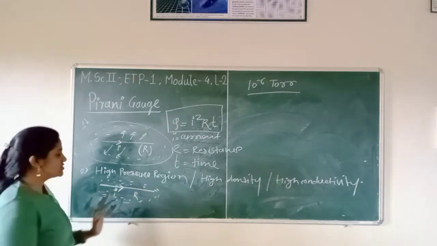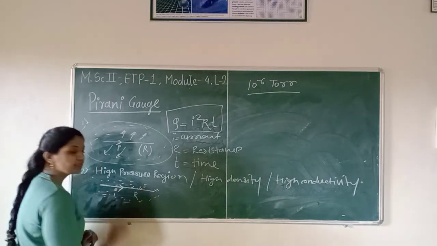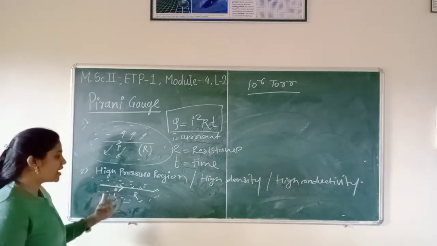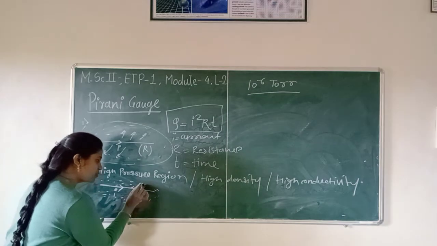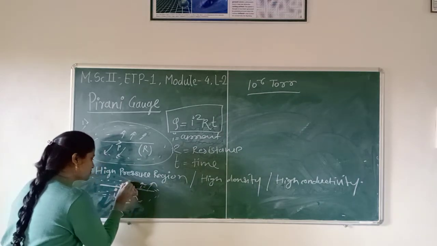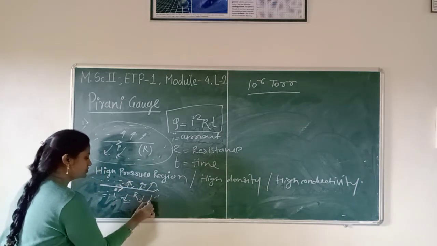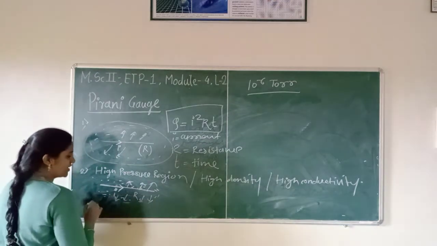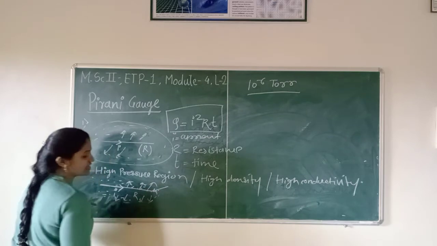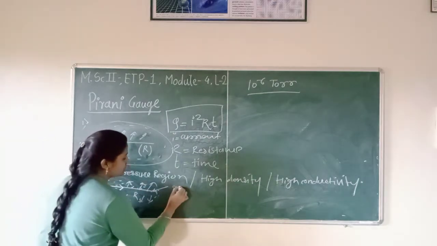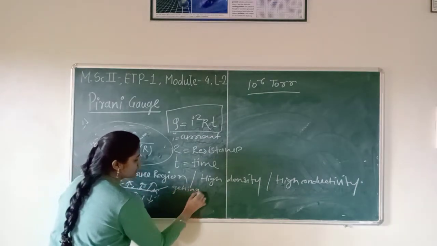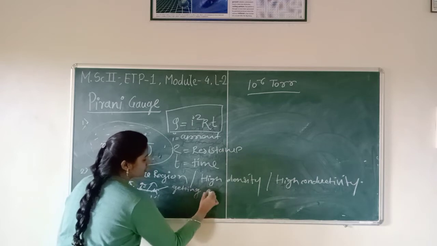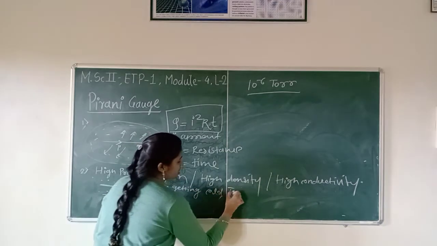Those gas molecules collide with this wire and take the heat from it to the atmosphere. Getting? Okay, and due to that what happens? This wire is getting cold, or its temperature is reduced.